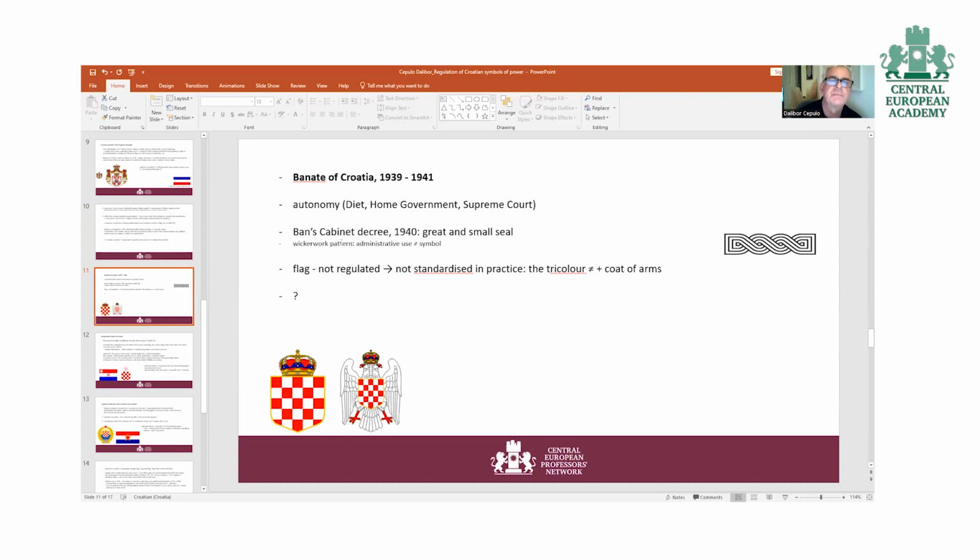This Ban's cabinet introduced the Great and Small Seal of the Banovina of Croatia. Interestingly enough, it did not do much more on this symbolic basis of its power, which one could otherwise quite expect. I do not actually know the reason.